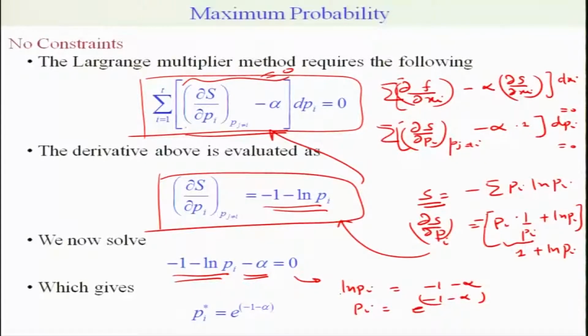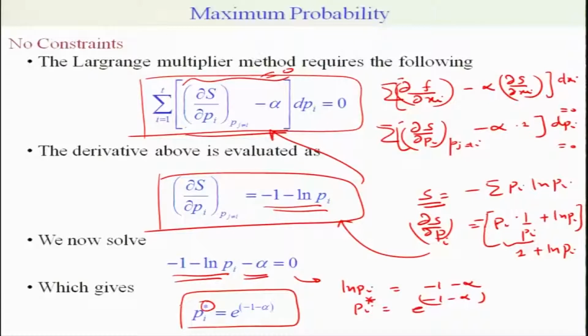And this is going to be the optimal value of pi, because we have just got an expression which is maximum. That's why we are saying this is the optimum value of pi.